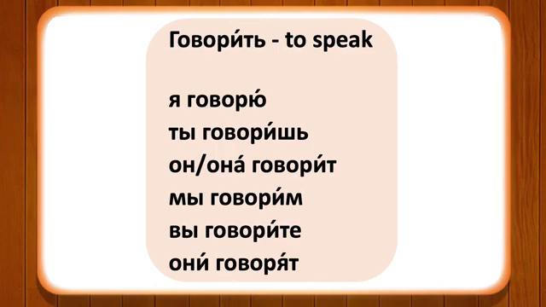For the pronoun ti, you take the stem of the verb gavor and you add ish ending. So you get the form gavarish. Ti gavarish. With pronoun on, you take the stem of the verb and you add the ending it.